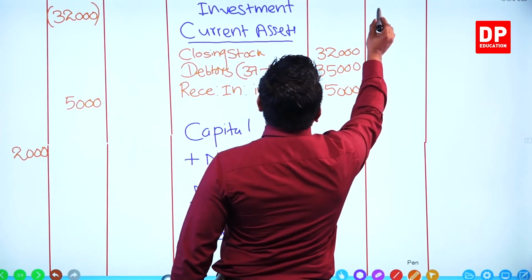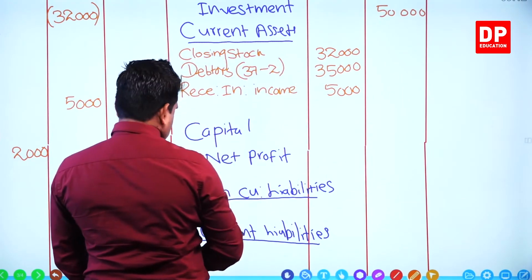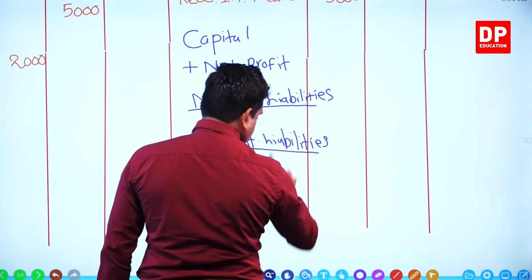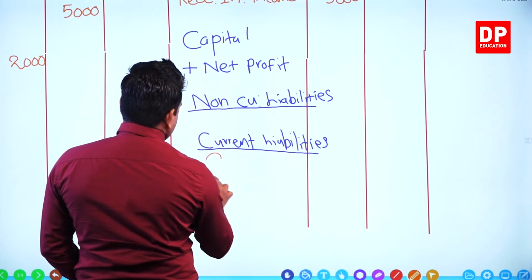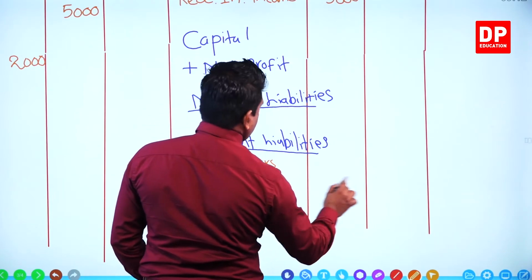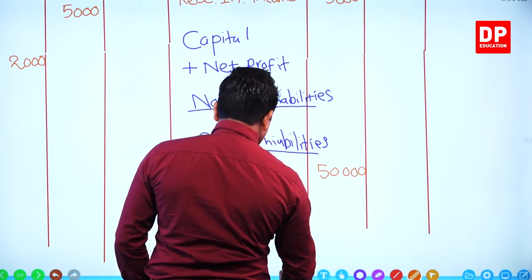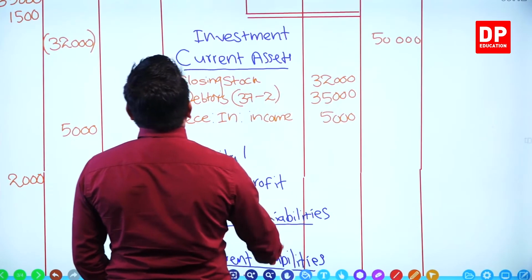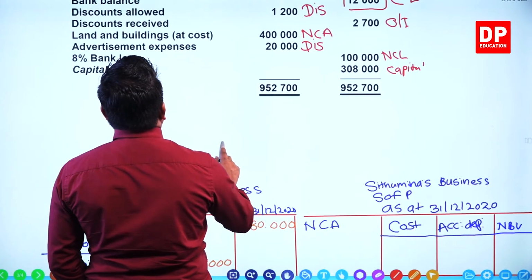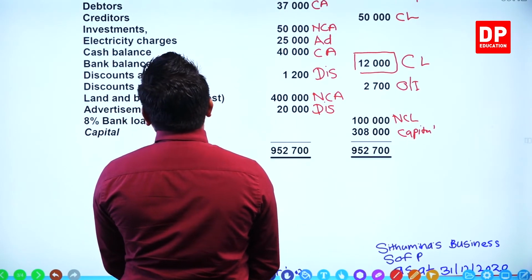Investment, you write corner 50,000. Creditors how much? Under the current liability we can write creditors, the same value. How much? 50,000. Okay, next one. Investment we have taken.